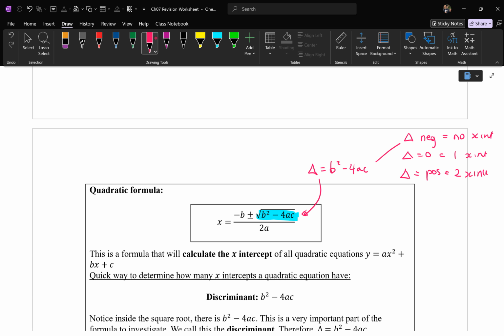When they ask you what the discriminant is, they're just asking, is it a negative number, is it 0, or is it positive? So b squared minus 4ac, whatever that number turns out to be, if it's negative, no x-intercept. If it's 0, you get 1 x-intercept. And last one, if it's positive, you get 2 x-intercepts.